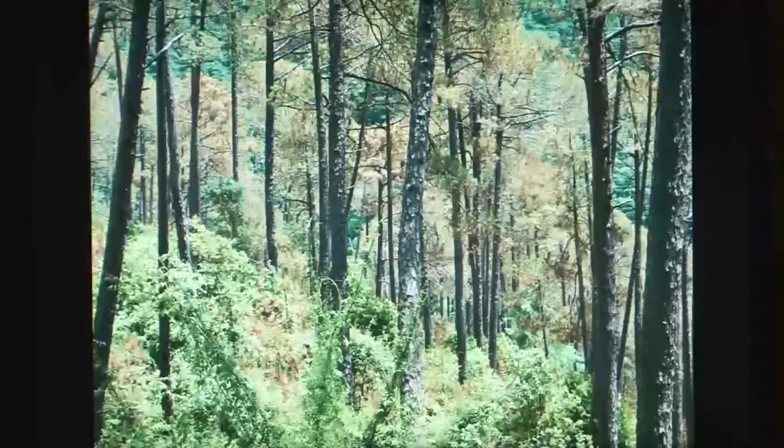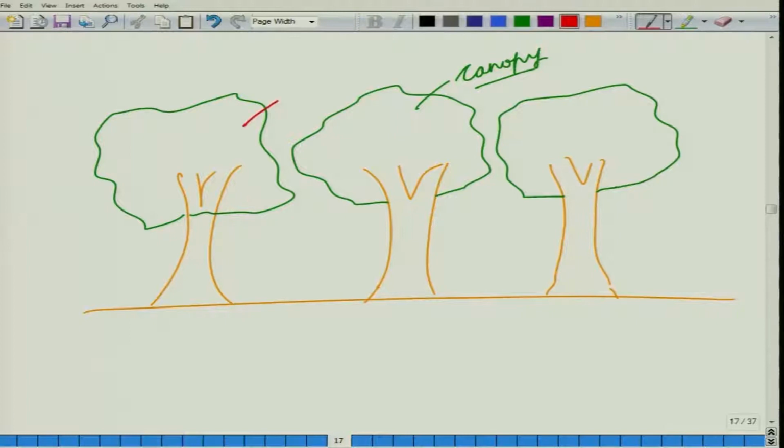Now in the case of this canopy, because all these leaves are giving out water through the process of transpiration. Now in the process of transpiration, water that is getting into the trees from its roots goes to the leaves and is then given out through evaporation. So evaporation through the leaves is known as transpiration.